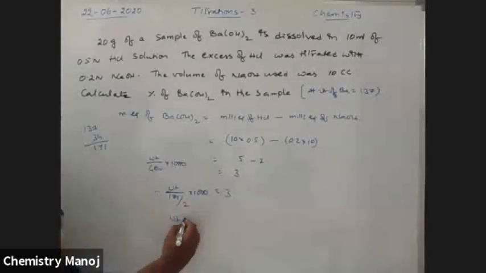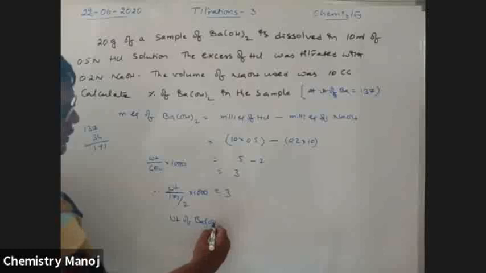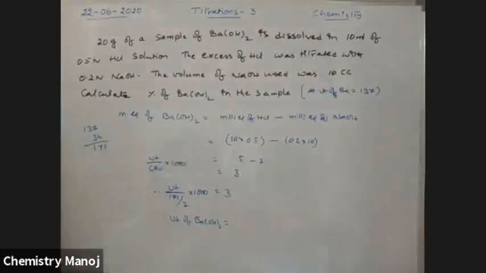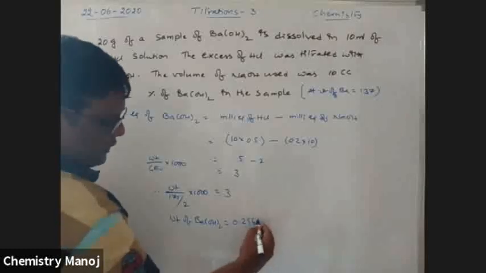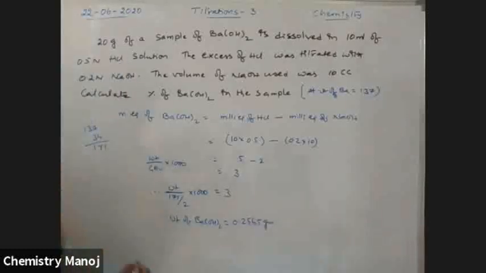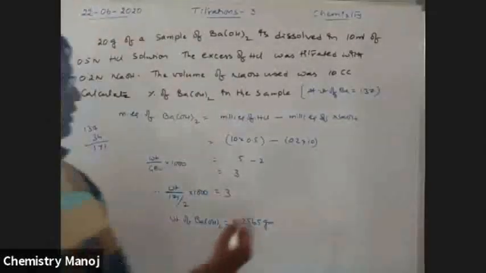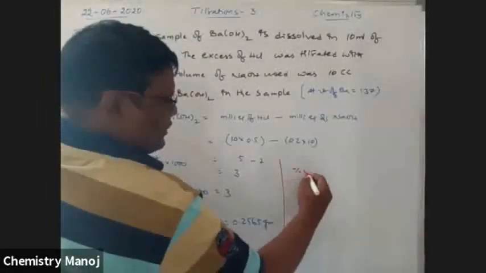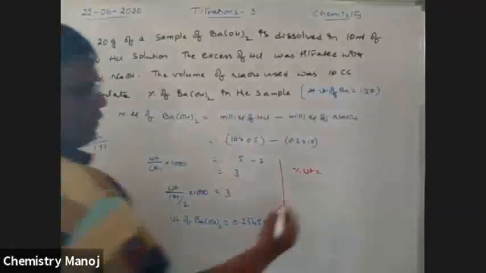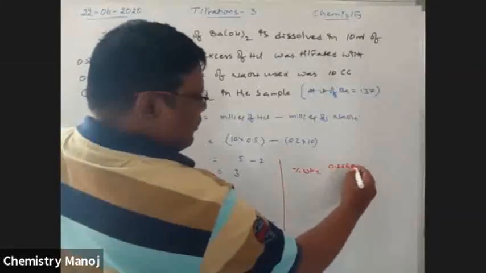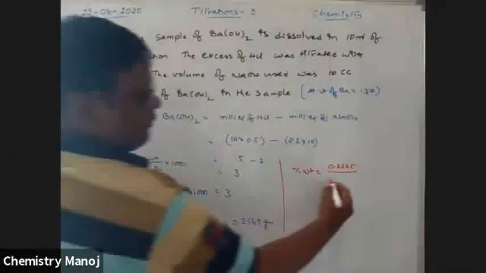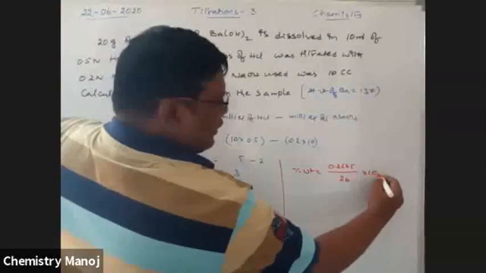Therefore, the weight of Ba(OH)2, after final calculation, we get 0.2565 grams. Now finally, percentage weight is equal to actual weight by given weight, 20, into 100.